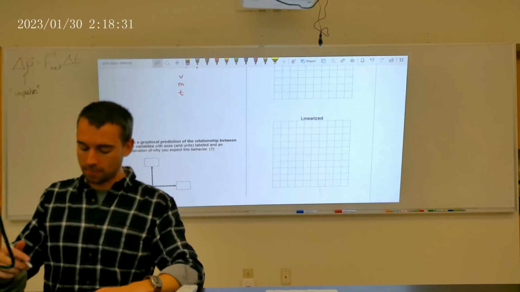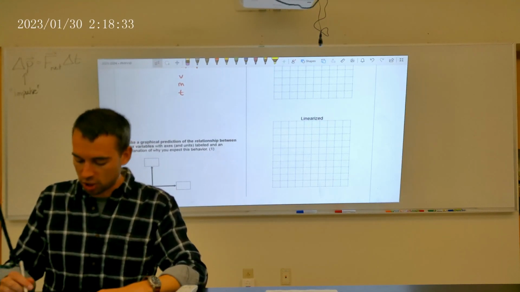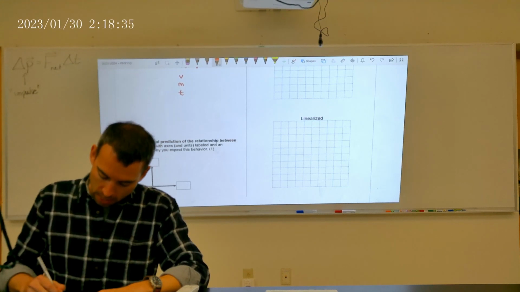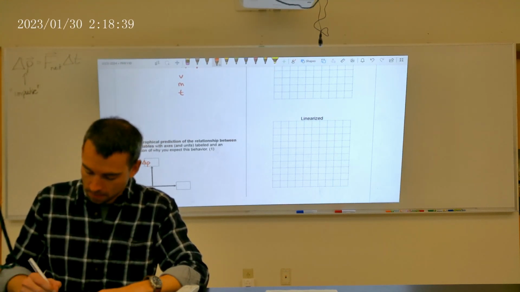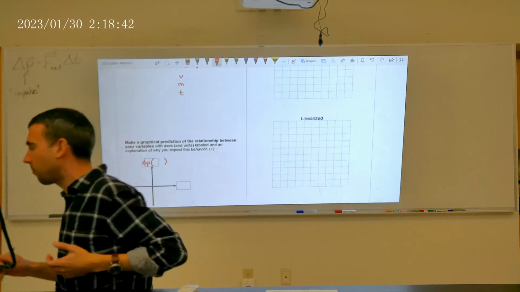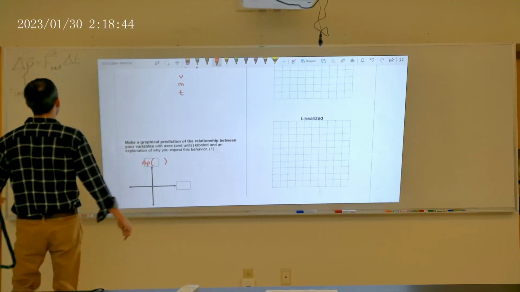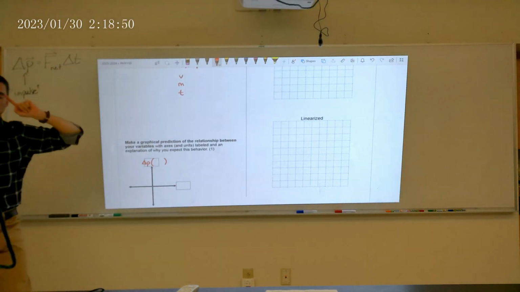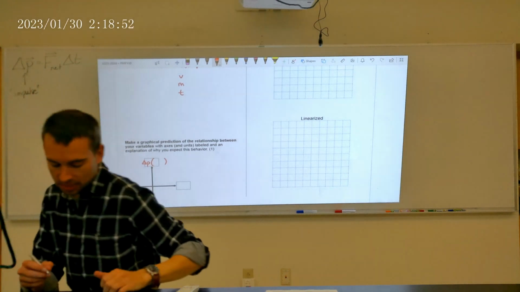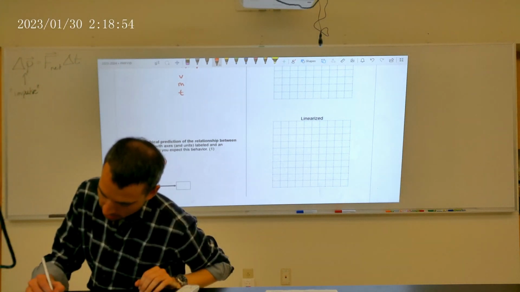Since our problem statement is how does impulse depend on the change in momentum, let's put impulse on the vertical axis for our prediction. It's delta P. And the units that we actually have for impulse, there's 2 different answers, but the ones that I want are the units of force times time. In other words, the units will be newtons times seconds, N times s.